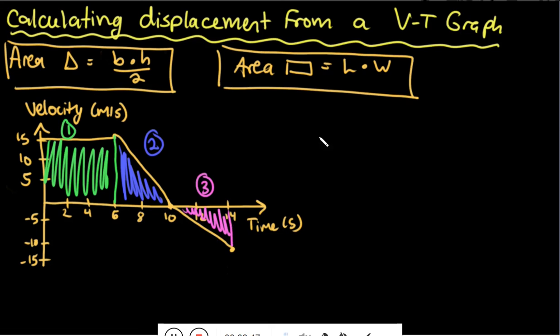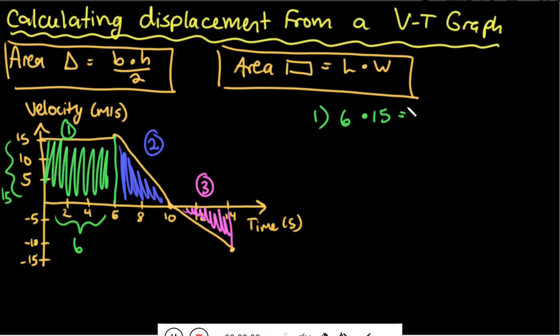So let's go ahead and calculate my area for section 1. So this is a rectangle. I'm going to take my length times my width. My length is 6, times my width, which is 15.